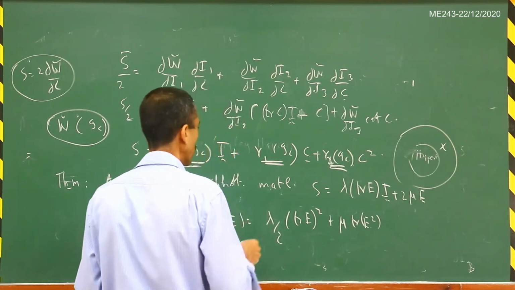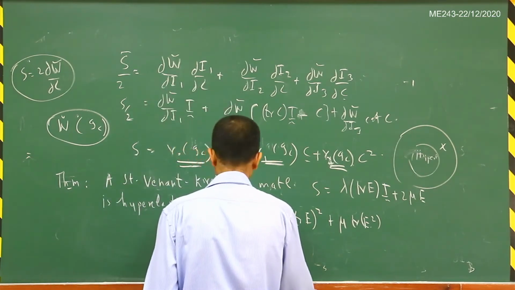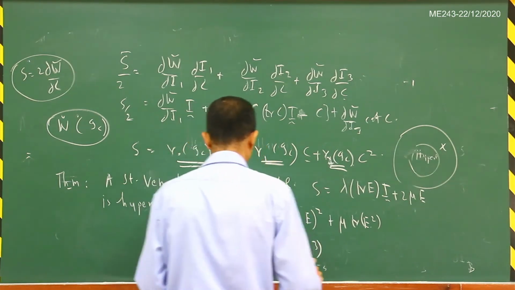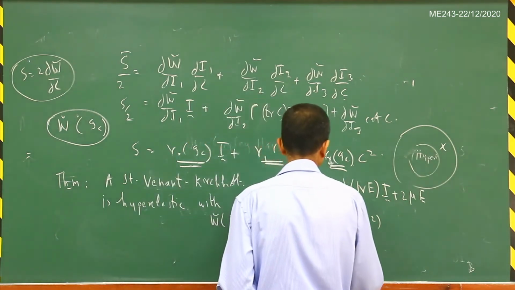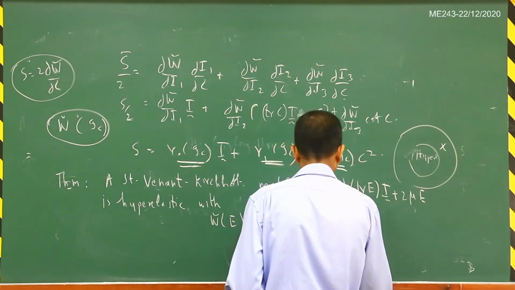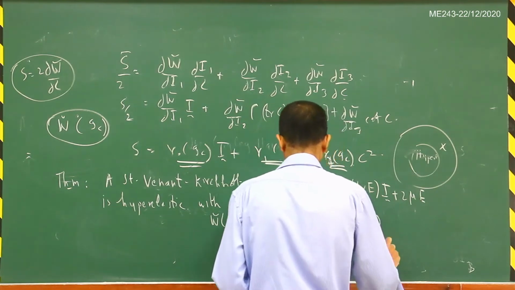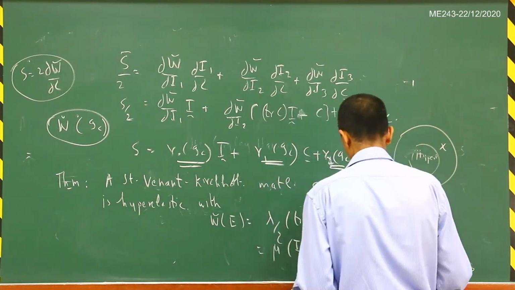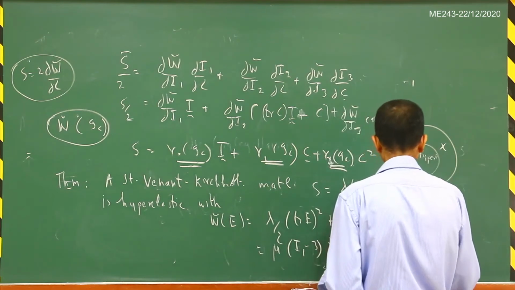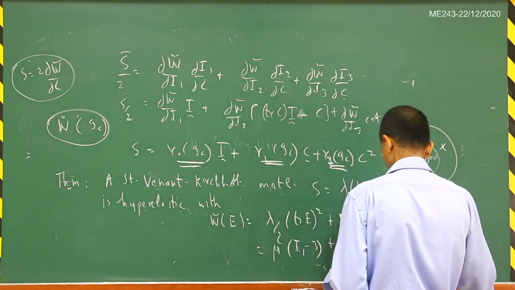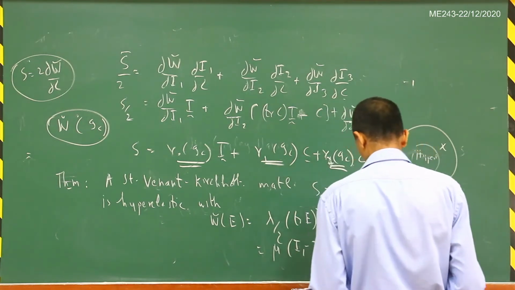This is also equal to mu times (I1 minus 3) plus (lambda plus 2 mu) divided by 8 times (I1 minus 3) squared, minus mu divided by 3 times (I2 minus 3).